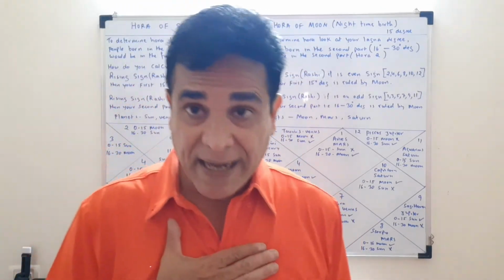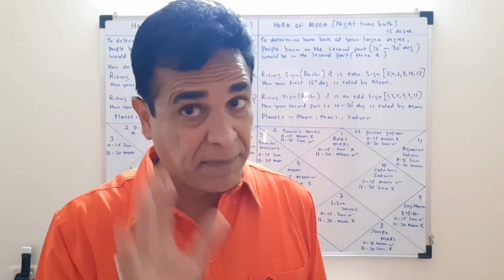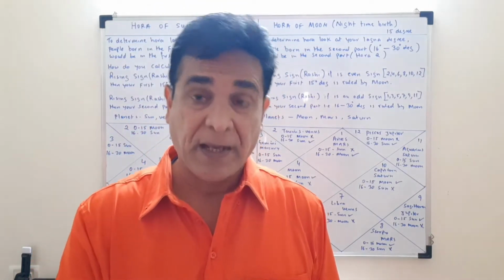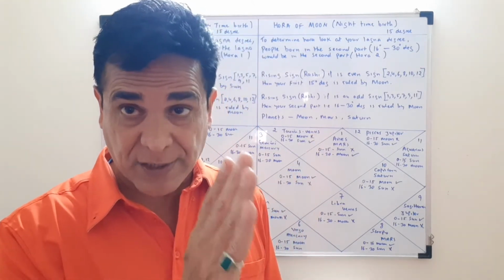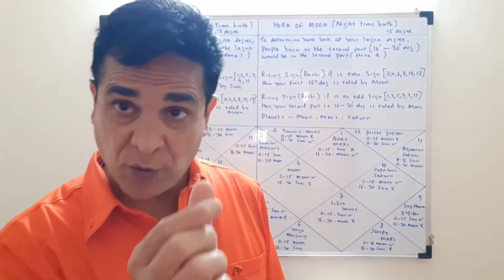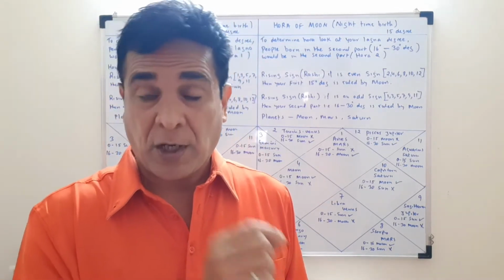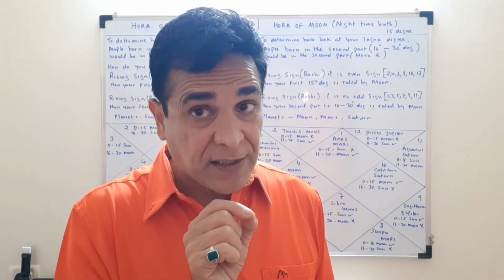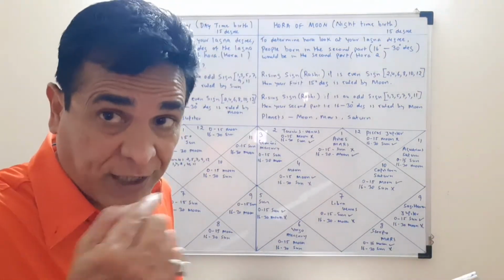Suppose I am born with Scorpio, that is number 8 written over there. Number 8 is an even sign. I have to look whether that Scorpio is 0 to 15 or 16 to 30. So what does the rule say? The rule says to check whether it is an odd sign or even sign.